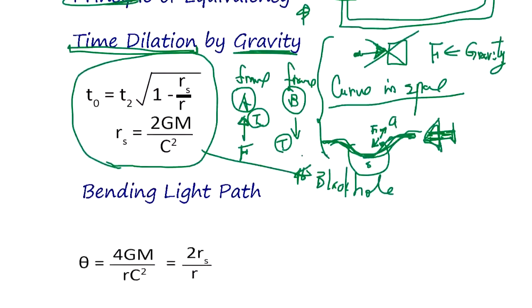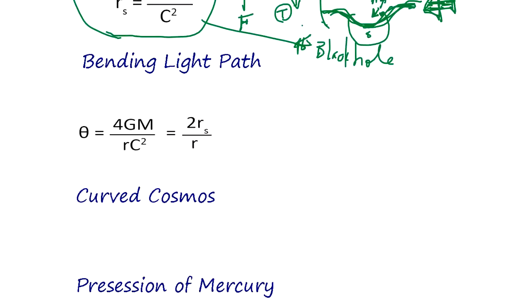And also, since space-time is curved, say you have a sun here, and the famous experiment is in the eclipse, you shut off the sun's light, then you can observe the star behind the sun. So the light bends, and when light bends, it acts like a lens.